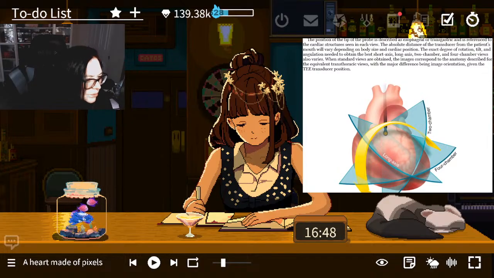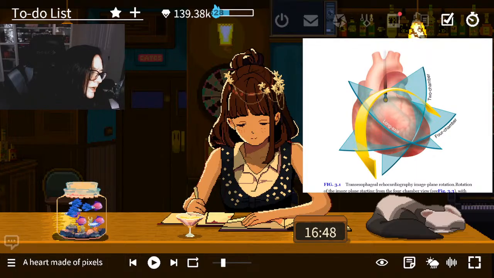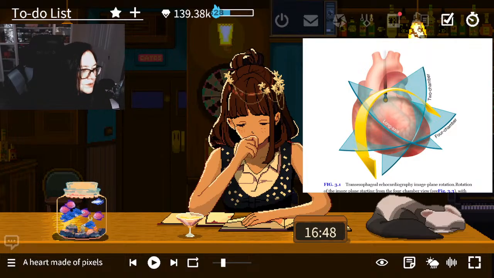Okay, so echocardiography image plane starting from 4-chamber view with the left ventricle apex centered in the image allows 2-chamber view at approximately 60 degrees of rotation and long axis view at 120.